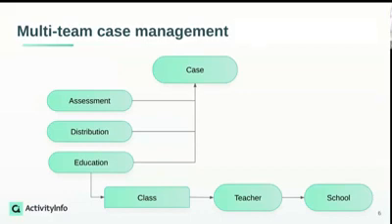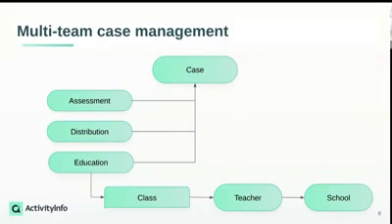And so your structure might look quite different, because, for example, you might have a single individual, and then one team that's doing an assessment of that case, another team that's providing distributions, like a distribution of goods or supplies, food to individuals, and finally an education program, which in itself has a whole structure: a person gets enrolled in the education program, and then they get enrolled in a series of classes that are linked to teachers and to schools.